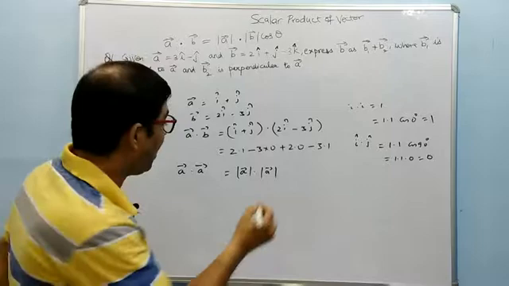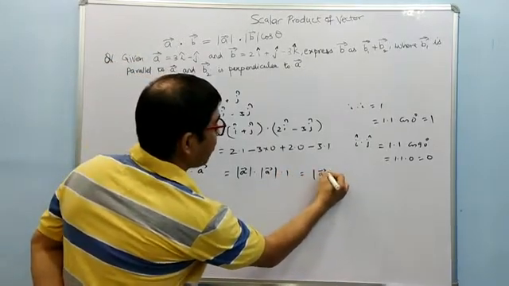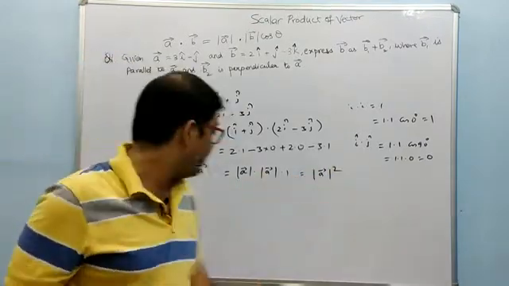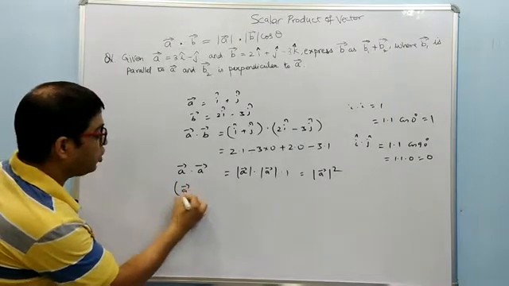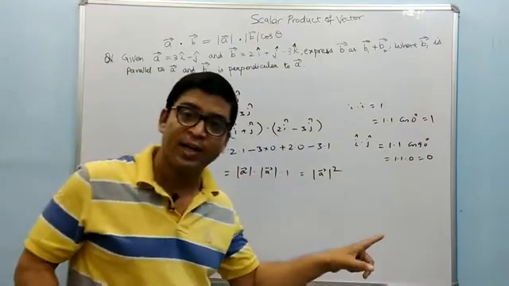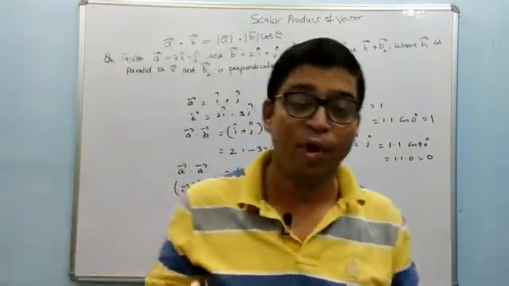So cos 0 is 1. So the result we are getting is modulus of A square. So vector A dot A is equal to modulus of vector A whole square. That we will be using in certain types of problems.